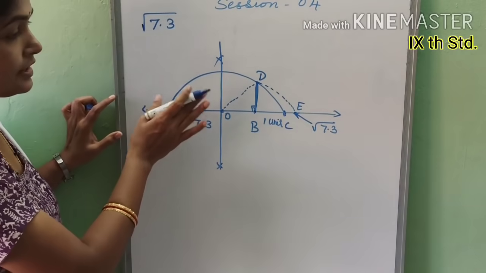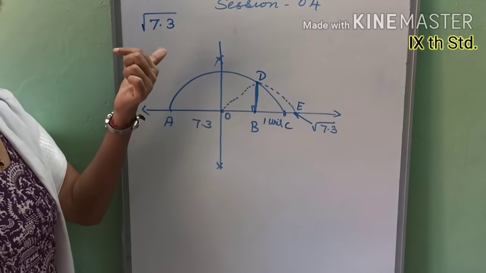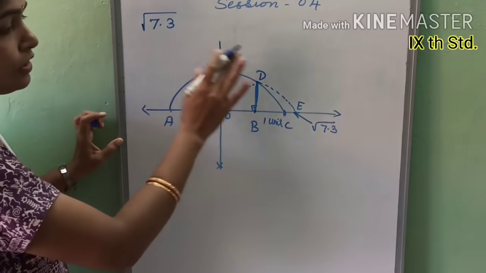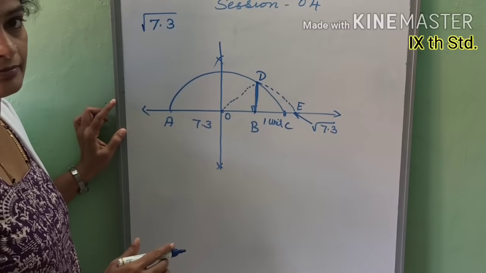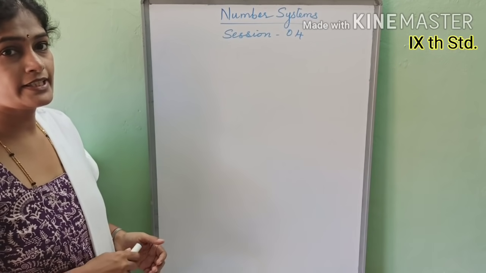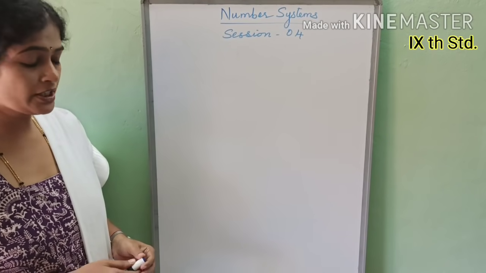Got it? This is how we can represent any number where x is a decimal on the number line. Clear? And now let's see some identities relating to the square roots.